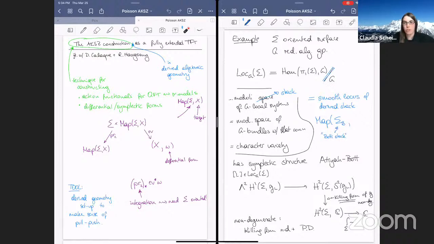Just to give you a name, it just remembers the homotopy type of sigma. And my target, X, will be BG. This is the classifying stack.